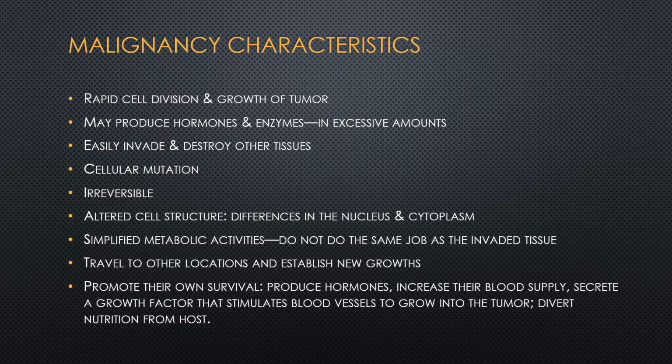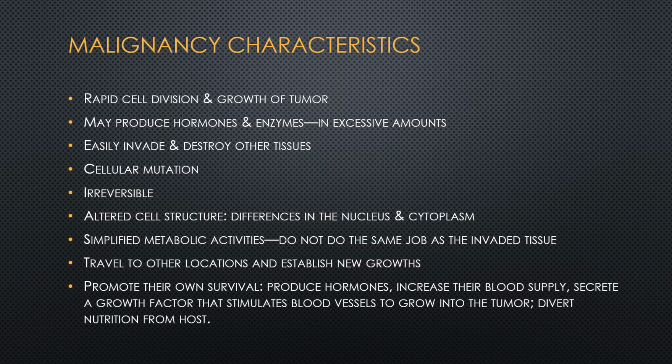There's clear mutation of what the cells look like. Recall in cellular regulation that cells should have certain characteristics. What happens in cancer or malignancy is the cell mutates. It's irreversible. There is an altered cell structure, so there are differences in the nucleus and the cytoplasm as compared to the typical cell of that organ.